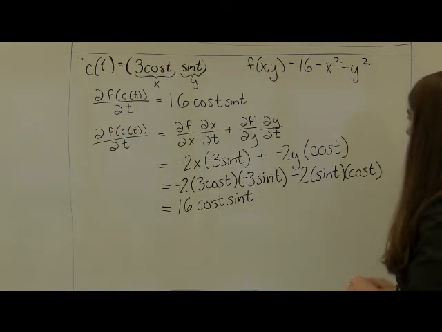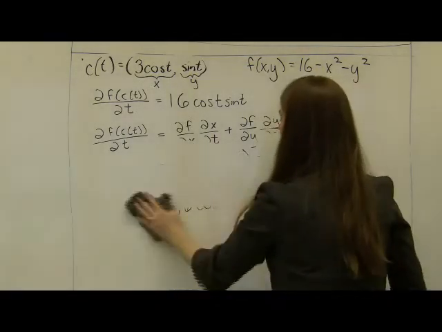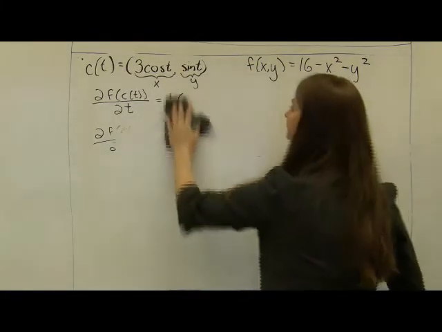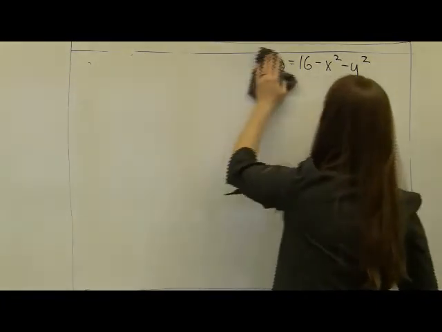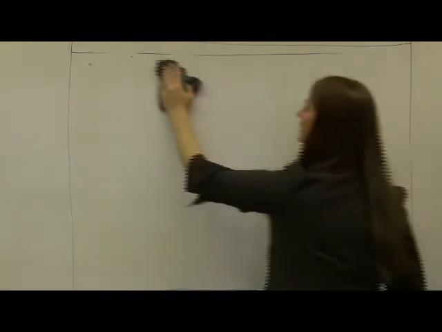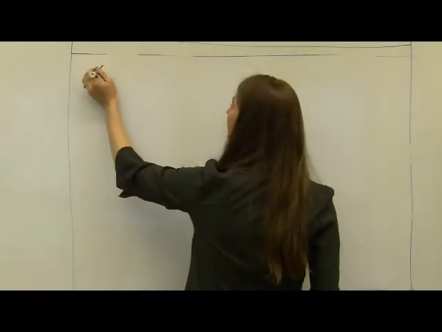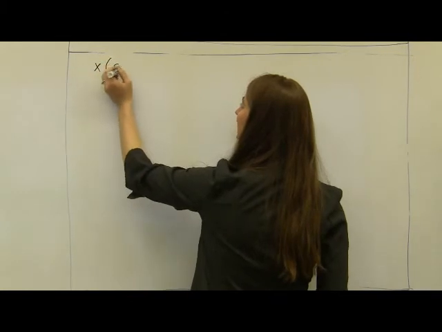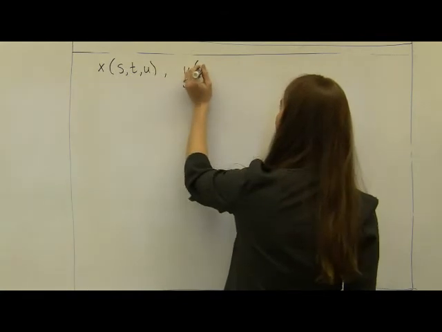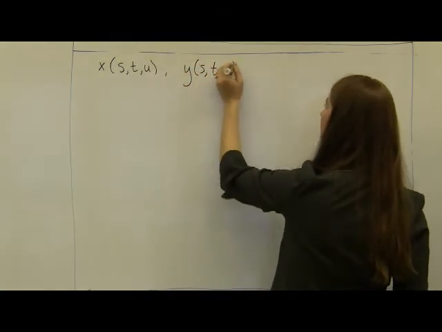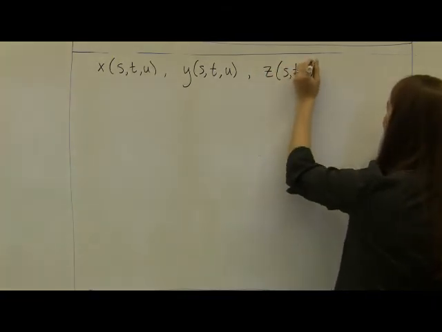Let's generalize this chain rule to see what it looks like for more than one variable. The book uses a really cumbersome notation. I don't think that I want to introduce the cumbersome notation. Instead, I'm going to look at a function where x is a function of three variables, s, t, and u, where y is a function of three variables, s, t, and u, and z is also a function of three variables, s, t, and u.